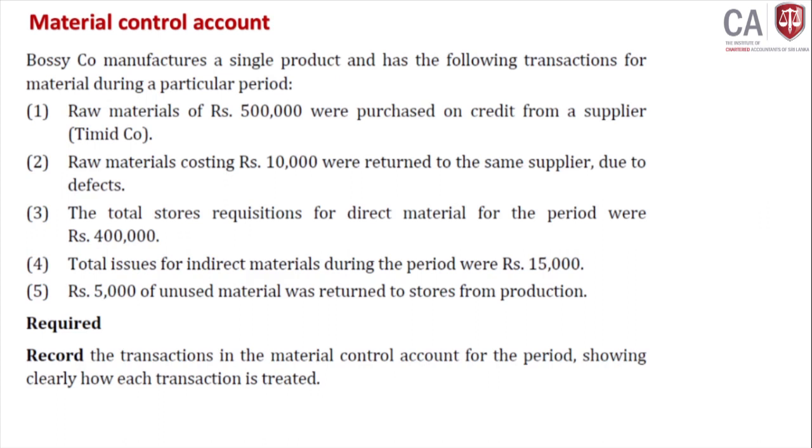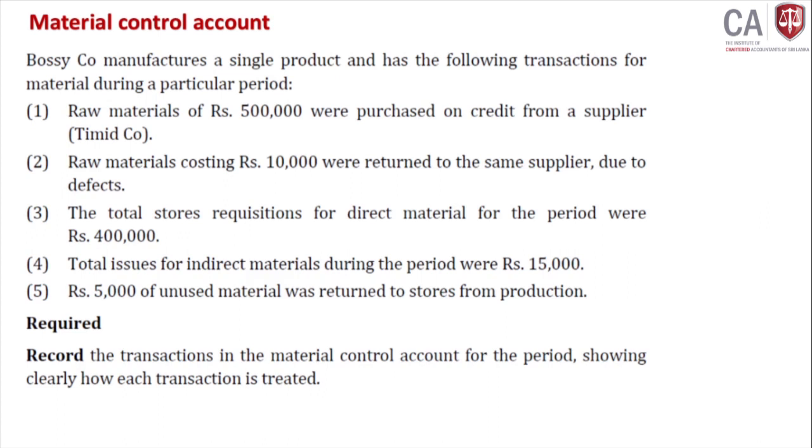When you return raw material to the supplier, the material control account is credited. When you purchase, material is debited and payable is credited; when you return material, payable is debited and the material control account is credited for the return. How much? 10,000.